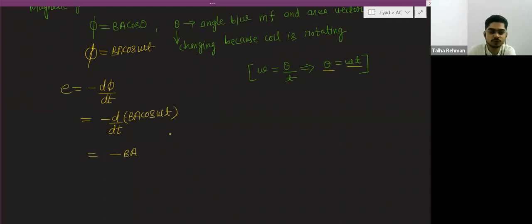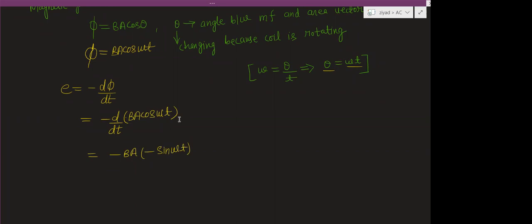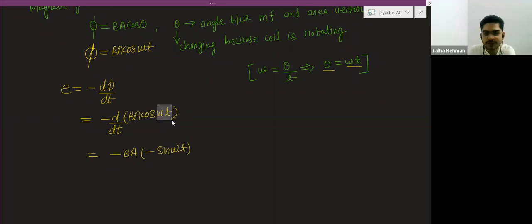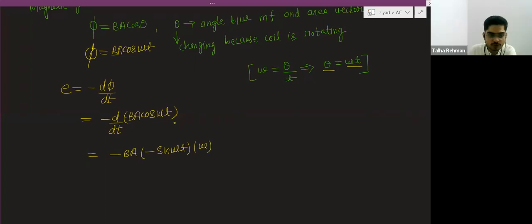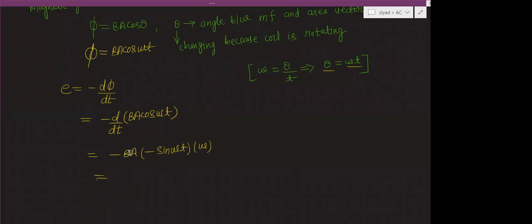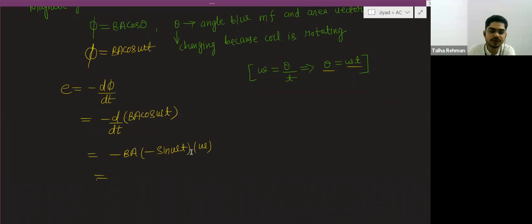The derivative of cos omega t is minus sin omega t, and now you will differentiate this omega t again, and you will get omega. So now minus and minus make plus, and we can write this as BA omega sin omega t.